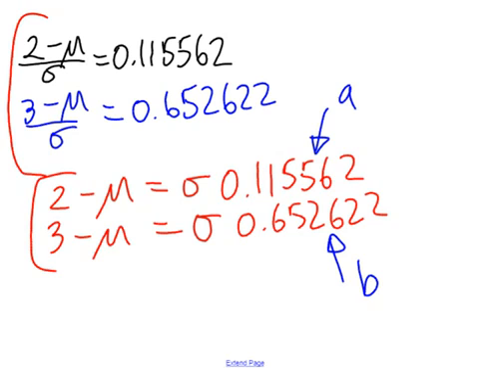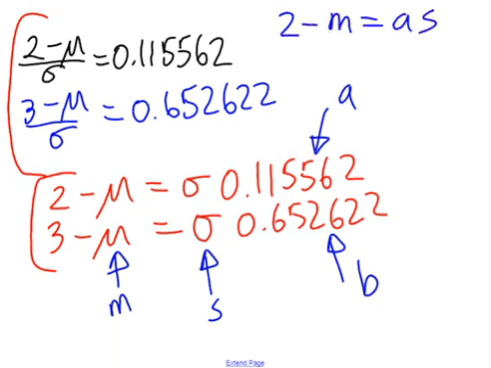Instead of mu, I'll use the letter M, and instead of sigma, the letter S. So my system will be 2 minus M is AS, and 3 minus M is BS.